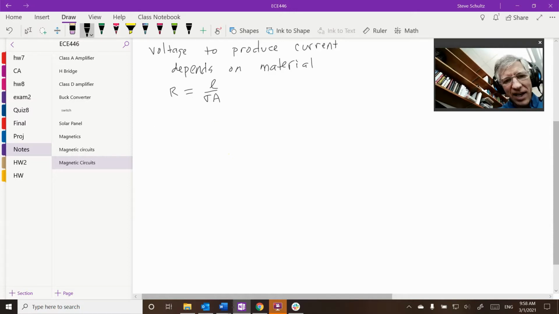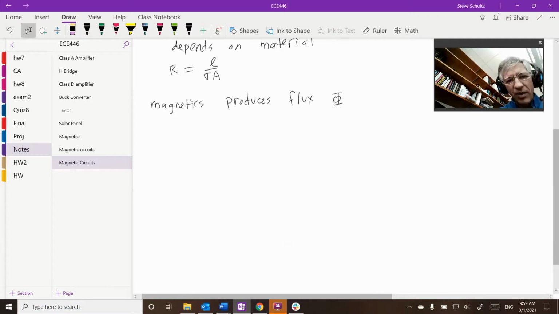So in magnetics, the magnetics produces flux, which we called capital Phi. So what we had is flux is equal to the flux density times the area, which we found out was equal to mu times Ni times A over the length.